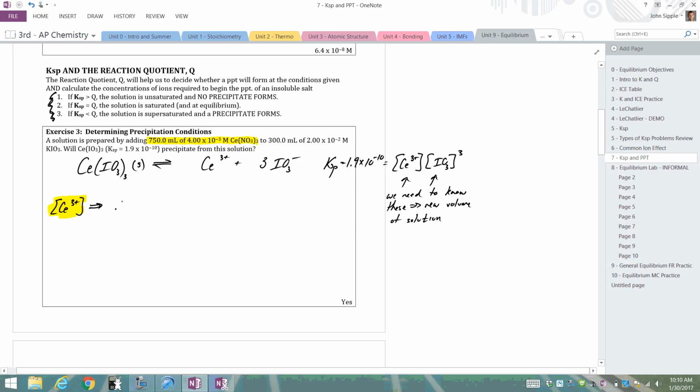we've got 0.750 liters, and we have a solution that is 4 times 10 to the minus 3 moles of cesium nitrate per 1 liter, right?